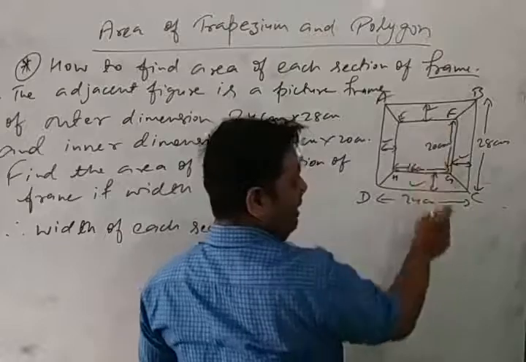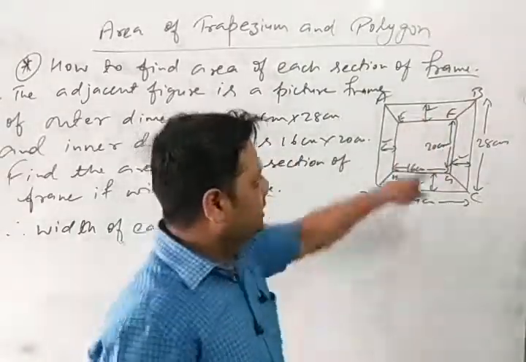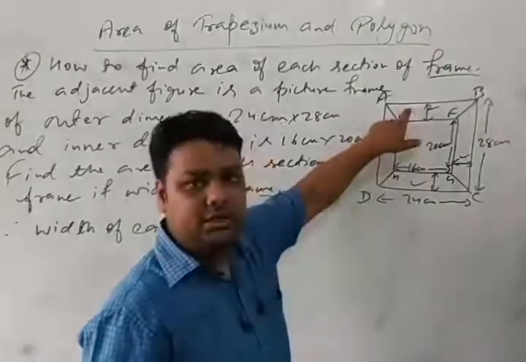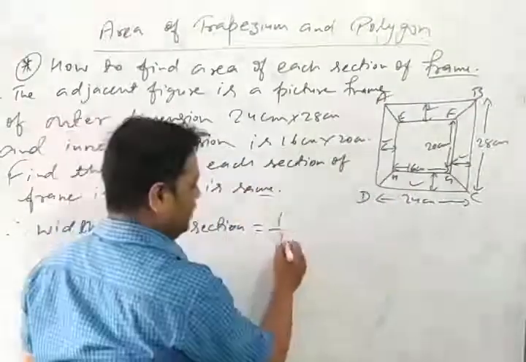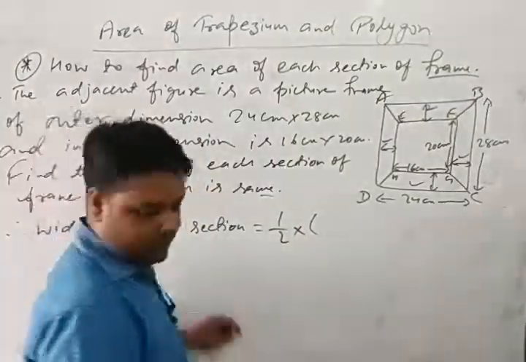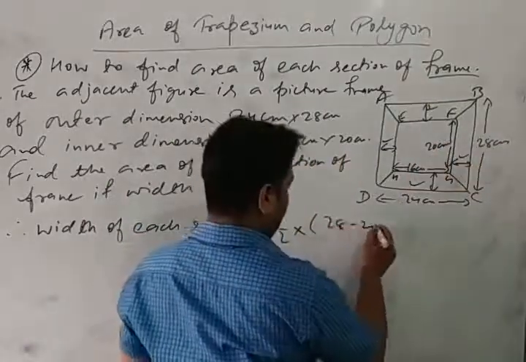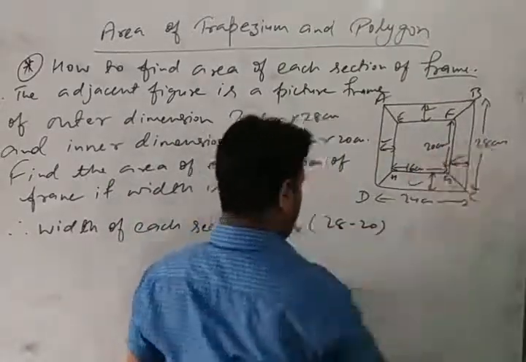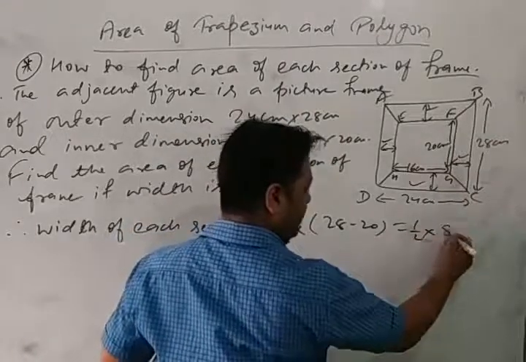Then 24 minus 16, and it is surrounded by two sides, so we have to divide it by 2 also. It means we can write 1 by 2 into 28 minus 20. Then you will get 1 by 2 into 8, it means 4.